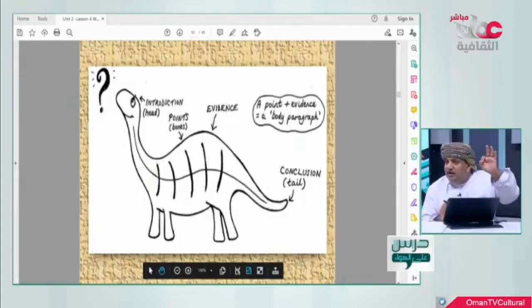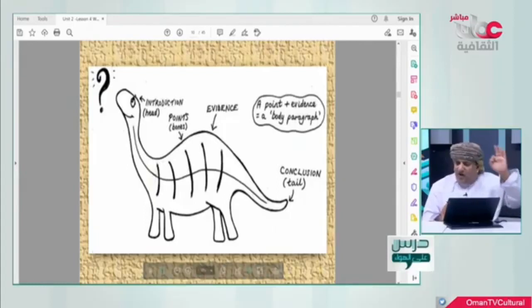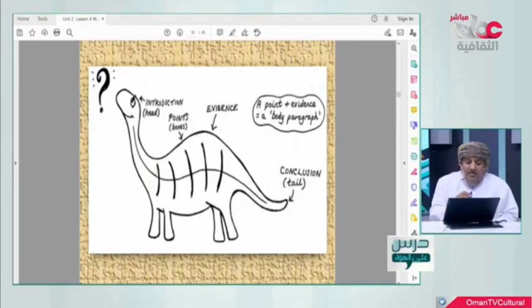We have three main parts in our paragraph, in our essay. In the first part, we have the introduction, the head of the essay. So, as you can see here, the dinosaur is looking for the question, for the topic, for the main idea. So, the introduction should answer the main question.